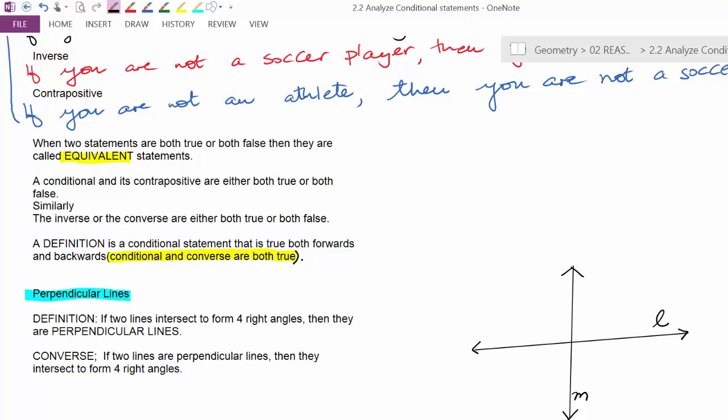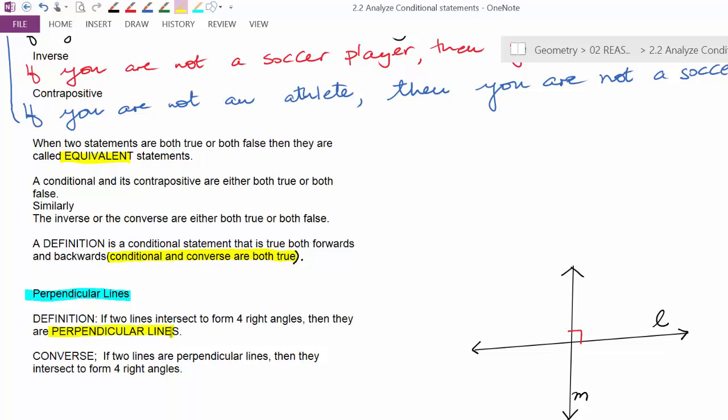So perpendicular lines, what's the definition? If two lines intersect to form 4 right angles, actually if they intersect to form just 1 right angle, it follows that the other 3 will be right angles also. So the definition is, if two lines intersect to form 4 right angles, then they are perpendicular lines. So what's the converse of that?